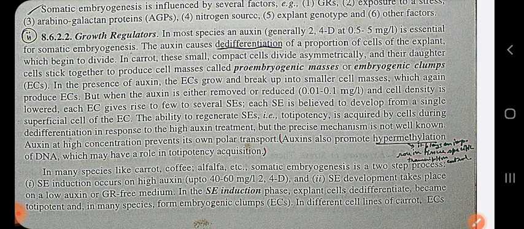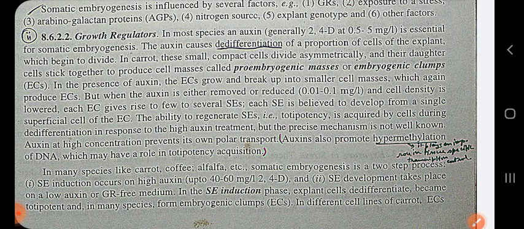But when auxin is either removed or its concentration is reduced, to only 0.01 to 0.1 milligram per liter of an auxin like 2,4-D, and the cell density is lowered, each embryogenic clump, known as EC, will give rise to several somatic embryos. In carrot, we use 2,4-D as the auxin source at a concentration of 0.5 up to 5 milligram per liter of your culture media.